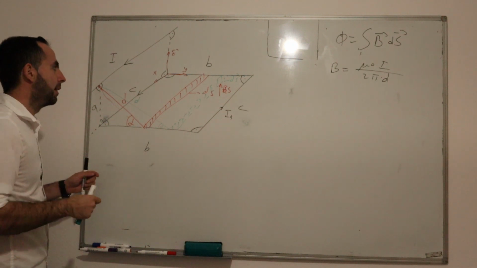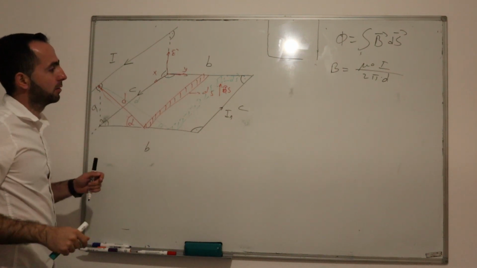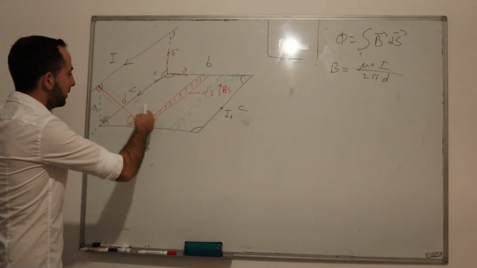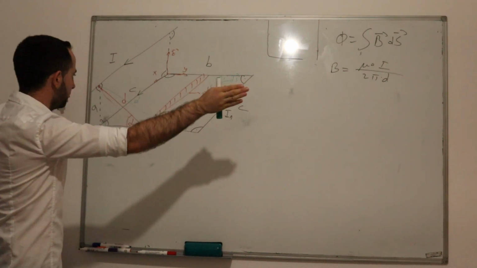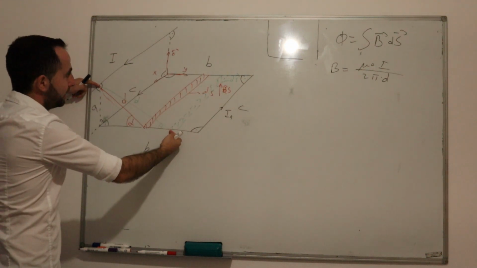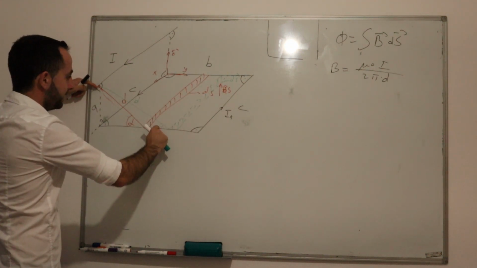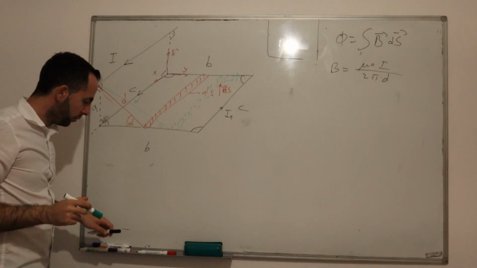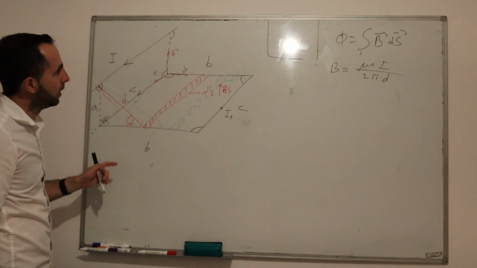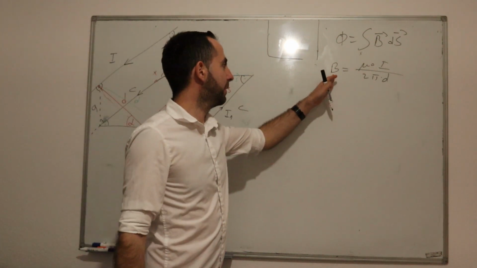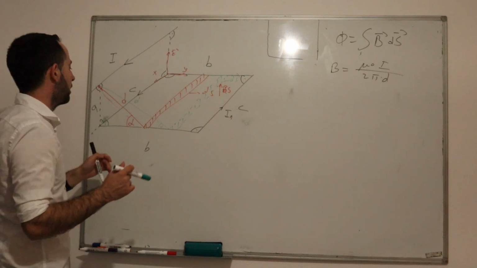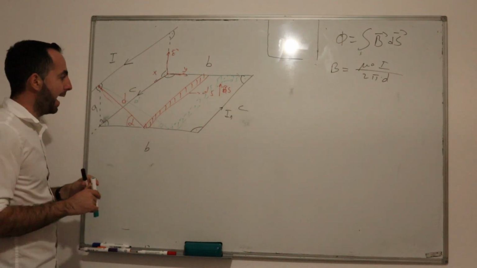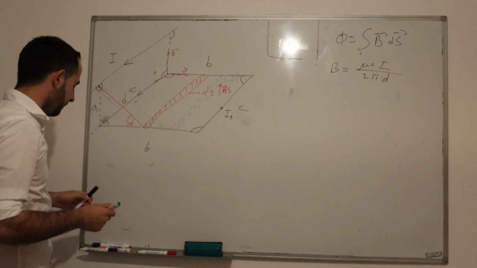When I analyze this small surface, I have one distance d and angle alpha, but when I move this surface a little to the right or left, my distance changes and this angle changes too. So B is not a constant, it is a variable, because the distance and the angle are changing.